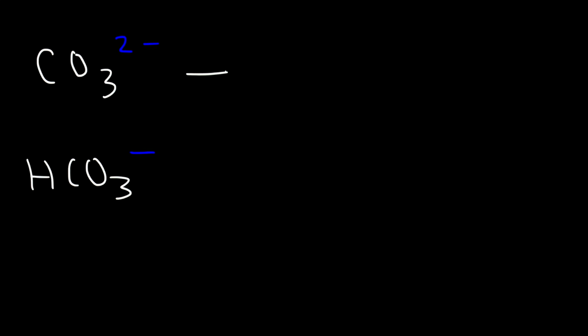So now let's move away from the halogens, and now let's talk about something else. How would you name these 2 polyatomic ions, CO3 2 minus and HCO3 minus? CO3 2 minus is known as carbonate.